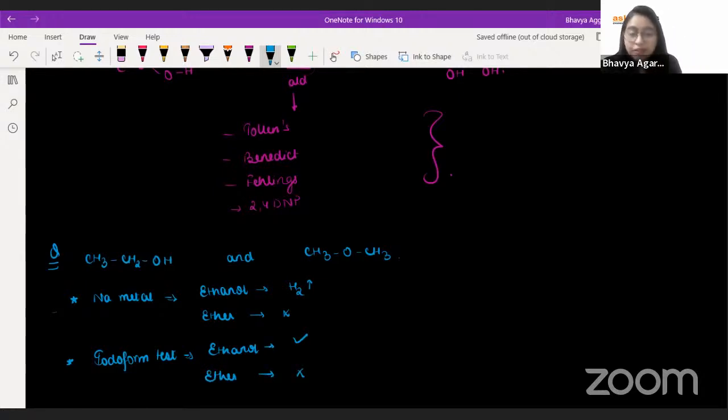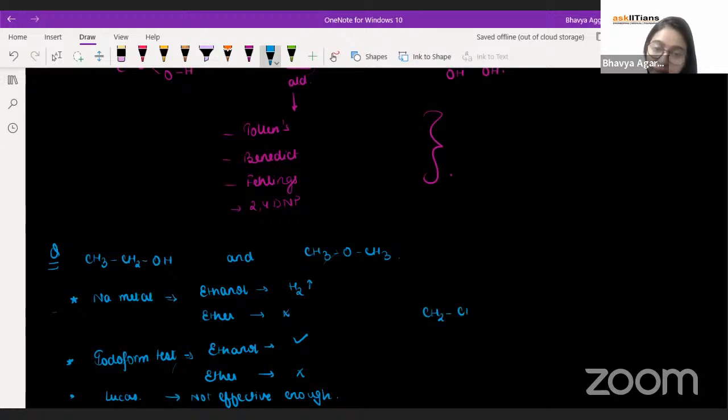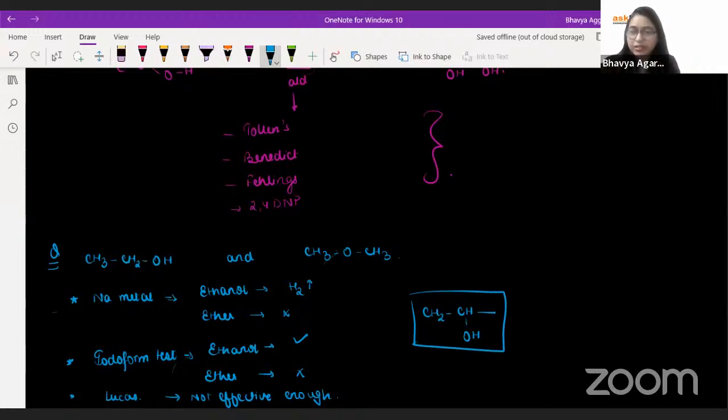And technically, the Lucas reagent test you can also use, absolutely. But the problem in this case is that with primary alcohols, if you remember, turbidity doesn't appear in the Lucas test, so it won't be effective. But yes, it is a test.